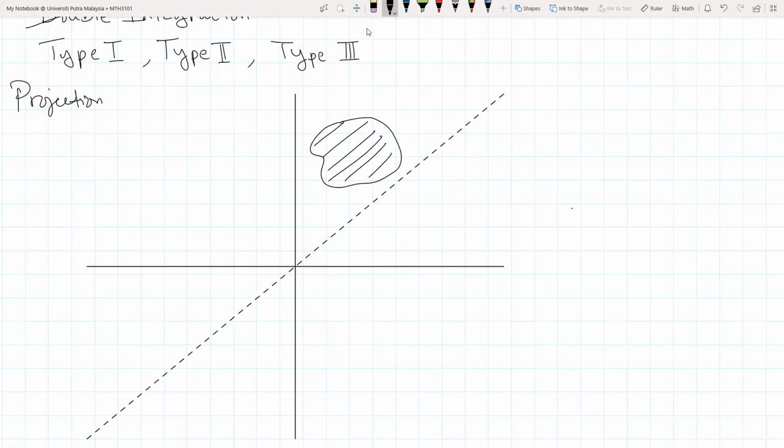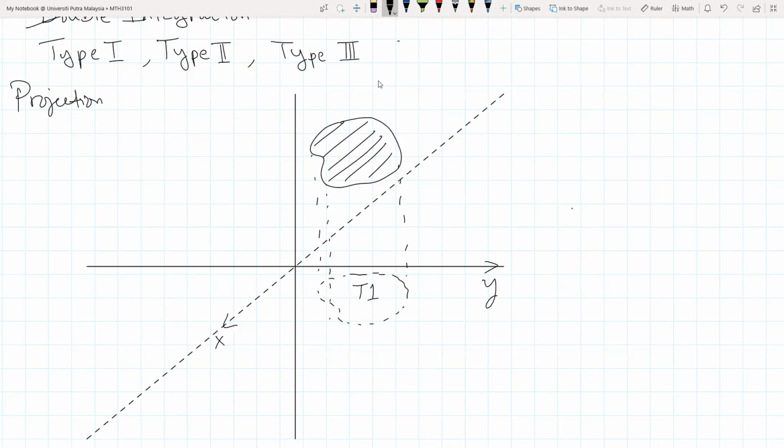So if the projection is onto the xy plane, this is type 1 because this is x and then this is y plane. So this is projection in type 1.